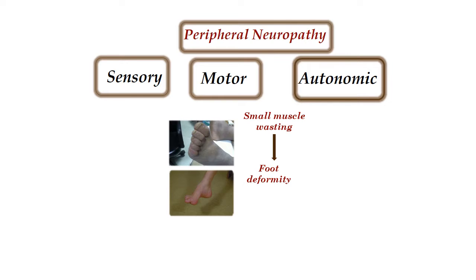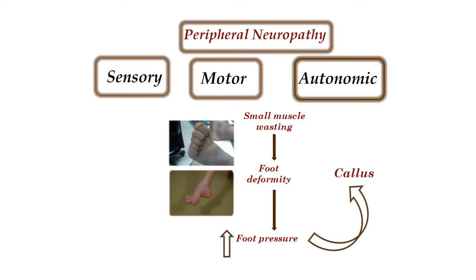I would like to emphasize here that whatever the cause of the deformity, whether it is due to motor neuropathy or some people were just born with this type of deformity, both the motor neuropathy related and non-motor neuropathy related deformity are high risk for the diabetic patient, because the deformity will lead to pressure points, as we see here in this patient, related to the areas of the metatarsal head and heel, and will later lead to increased foot pressure and cause callus formation.